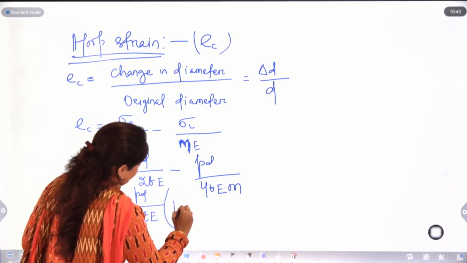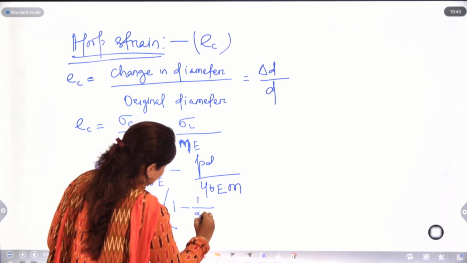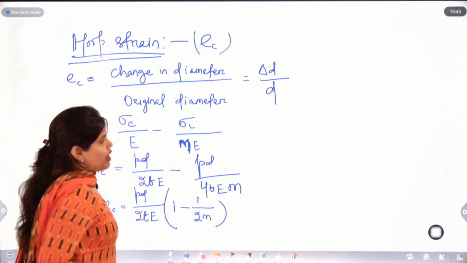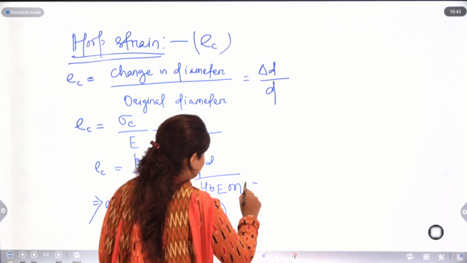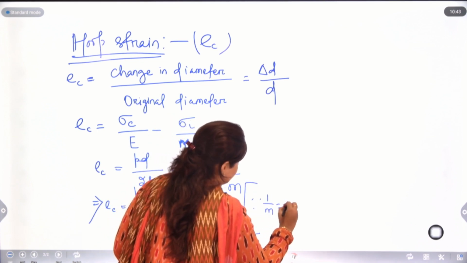So, it will be 1 minus 1 by 2m. 1 by m is nothing but your Poisson's ratio, that is mu.